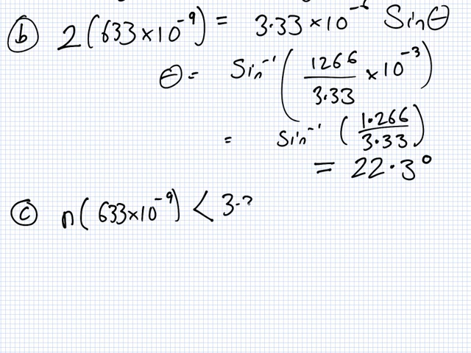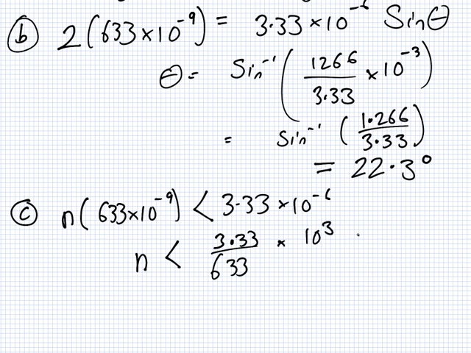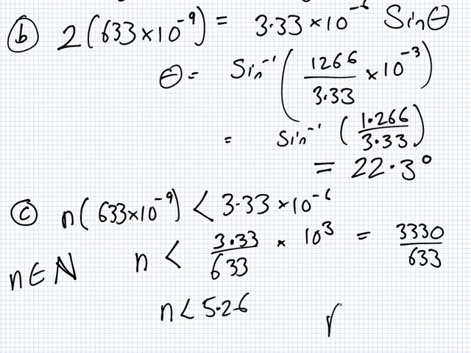So the n has to be always less than 3.33 over 633, 10 to the minus 6, that's 10 to the 3, so that's 3330 over 633, and n has to be a natural number which is less than this. What does 3330 over 633 work out to be? 5.26. So the maximum n can be is 5.